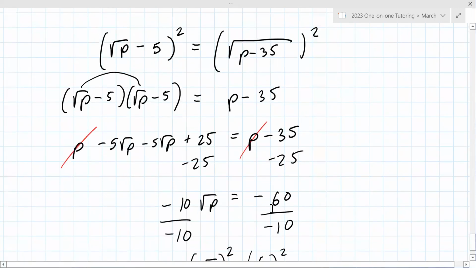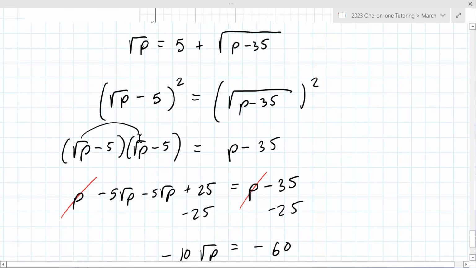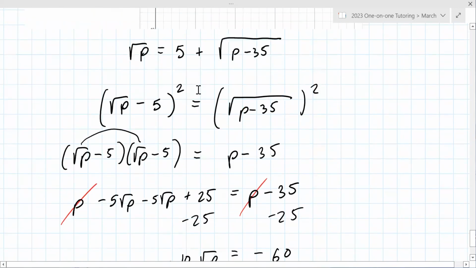So I think you're owed an explanation for this. While this works, you can't just square things and think that that's always going to work out. I thought this would lead to a quadratic, and it didn't because these p's canceled out.